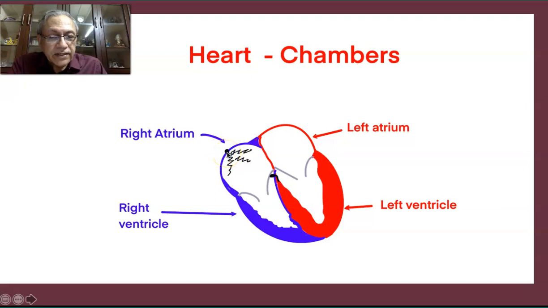From here the electricity passes to the right atrium and then goes on to the left atrium and then ultimately finds the AV node at the junction of atria and ventricle, and from there it goes to the bundle of His, bundle branches, and then goes on to the Purkinje fibers and the ventricles.